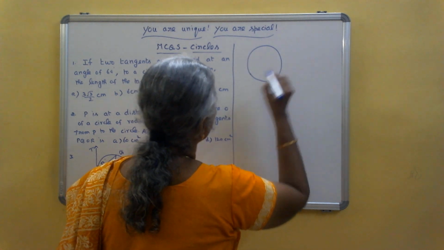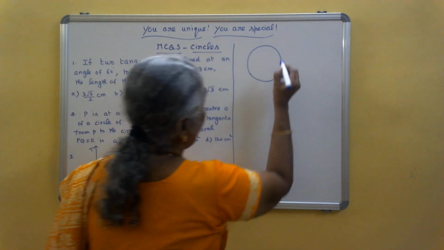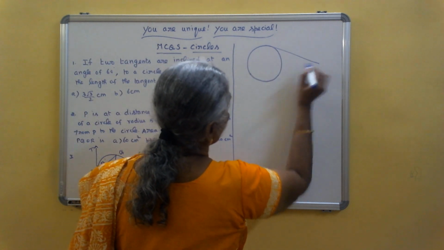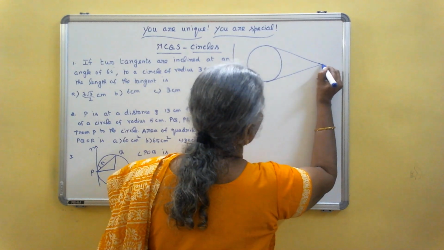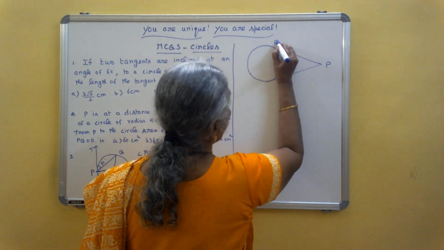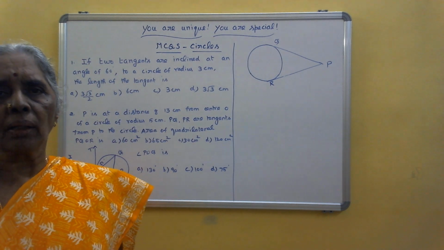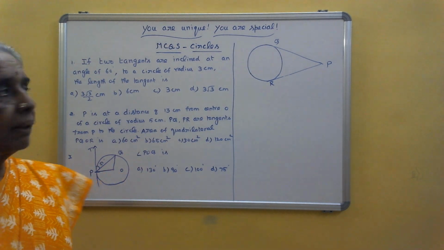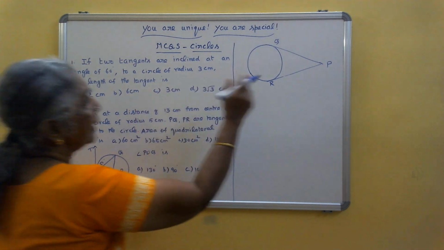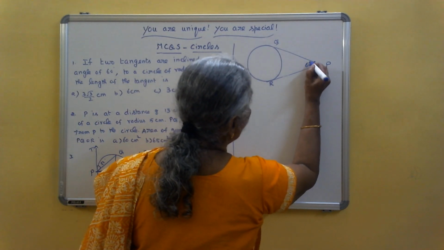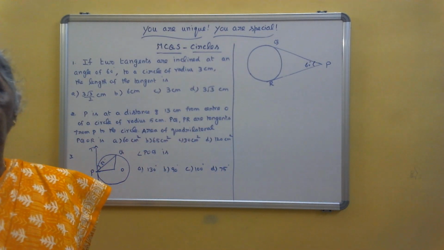Now there is a circle and two tangents. Let us have P, Q, R. Okay. So PQ and PR are the two tangents. Then it is given they are inclined at an angle of 60 degrees.